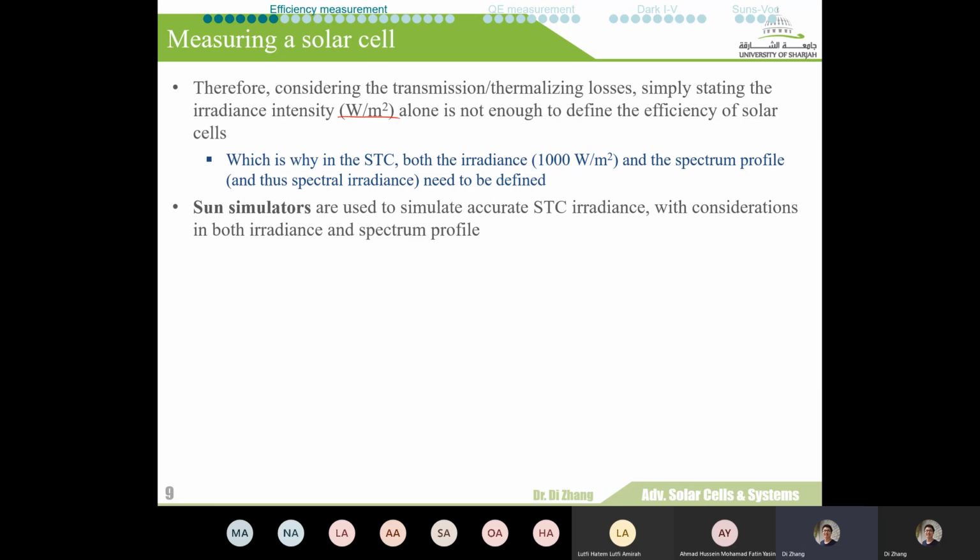So that is basically the job for the solar simulator. It is used to simulate the accurate STC requirements, not only the irradiance but also the spectrum irradiance. So that is the idea here.